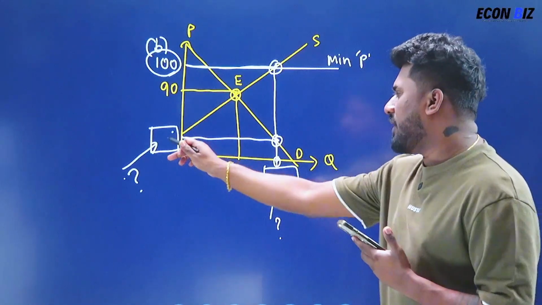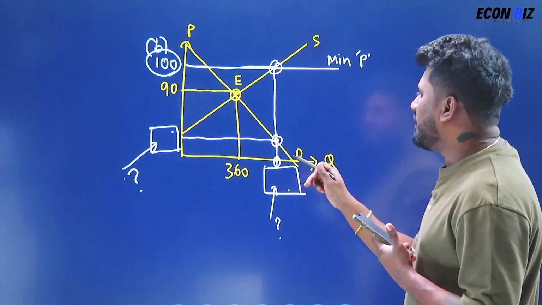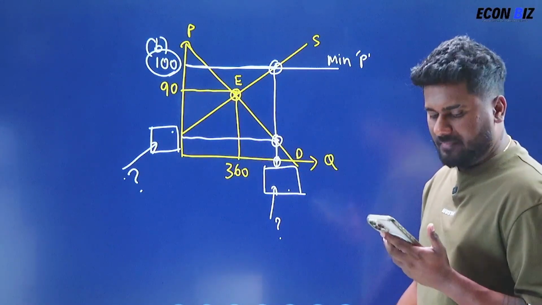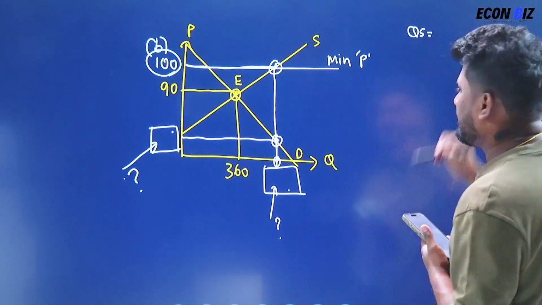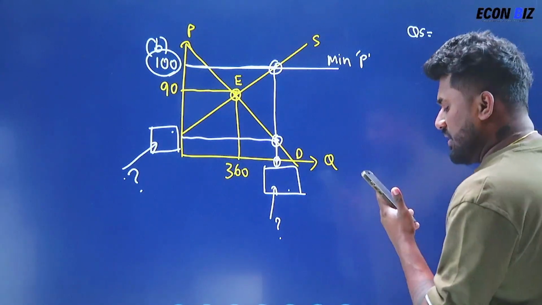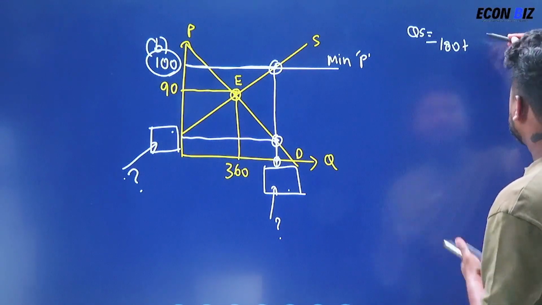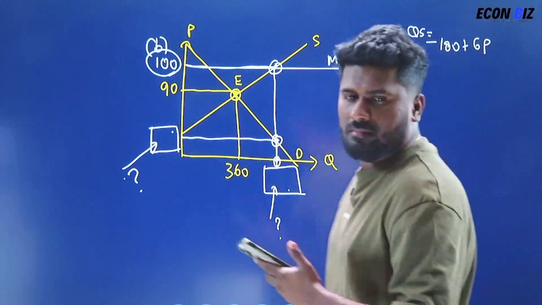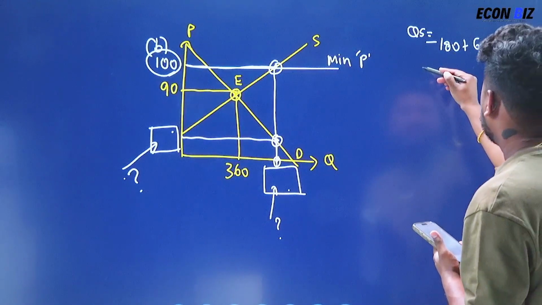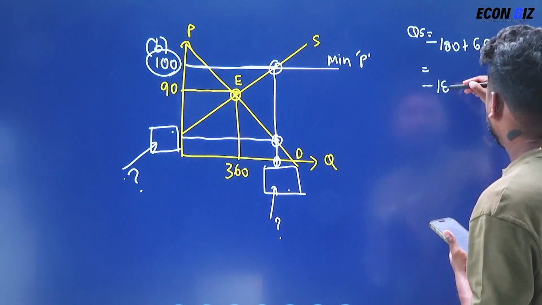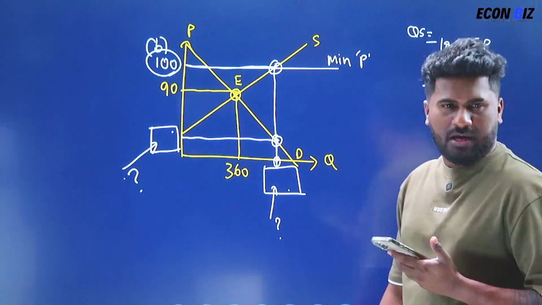So in order to find out this price, firstly you have to find out the supplied quantity of the producers at the price of 100. For that you need the supply equation. QS equals minus 180 plus 6P. Now you have to find out the supply quantity at the price of 100.